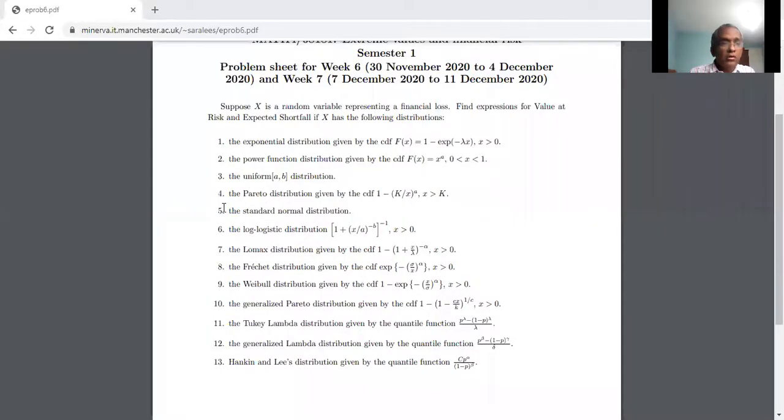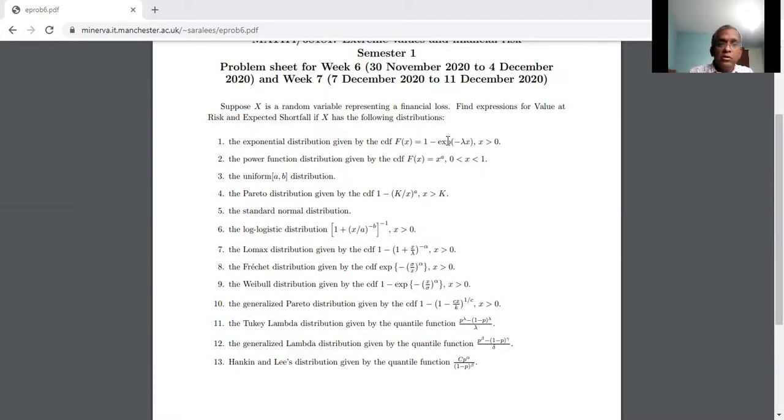Because of that, I will only do half of the questions today, and the remaining half I will do next Thursday. All right, so starting with question 1, where the loss has this distribution.